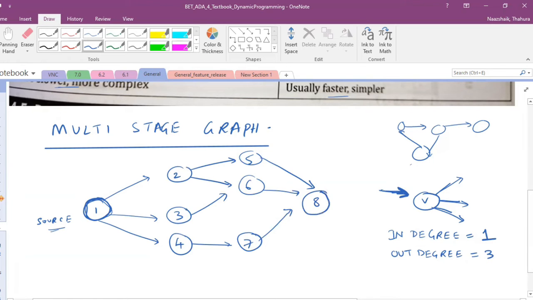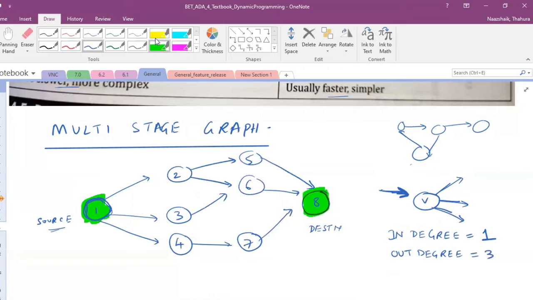You see some property here, no? You have a source vertex because all your edges are coming out. And finally, you have a destination vertex whose in-degree is some number, but out-degree is 0. So very clearly, you have a source and a destination. This is one characteristic of a multi-stage graph.